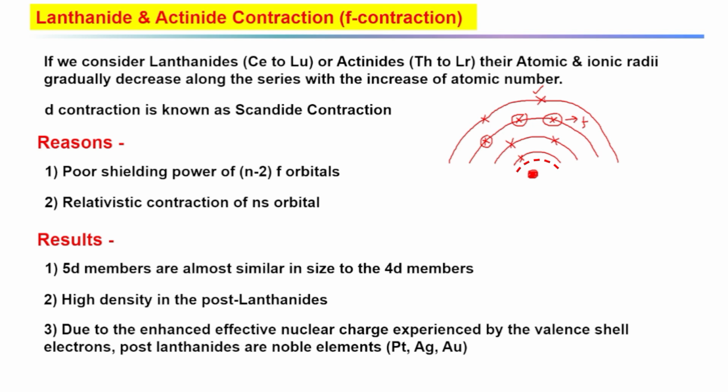Now if these f electrons have stronger shielding power, that means they can reduce the attraction of the nucleus to the outer electrons, then we will say these electrons have stronger shielding power. But actually these f electrons are diffused in nature and they have very little shielding power. So that's why the attraction of the nucleus to the outermost electron increases.